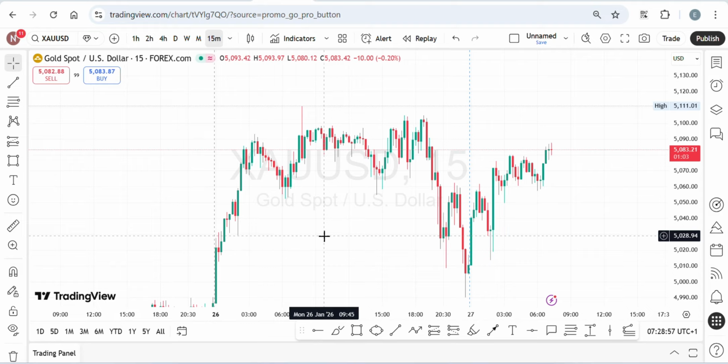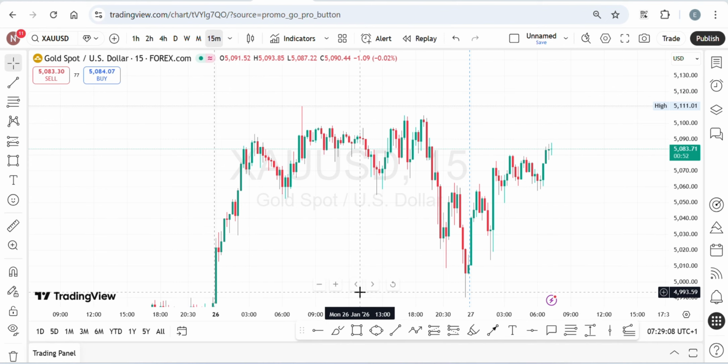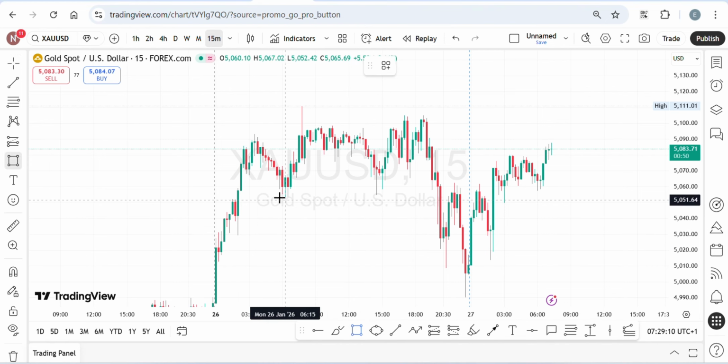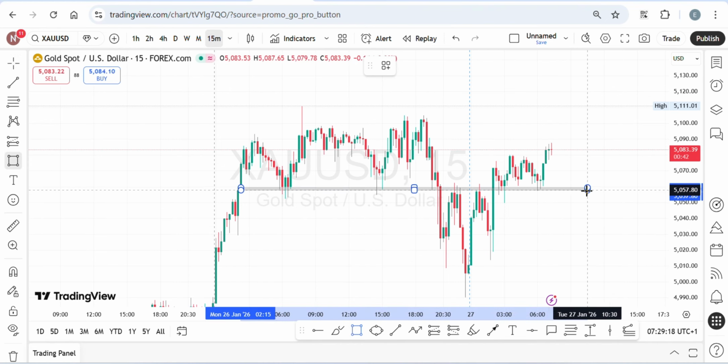So looking at this chart here right now, you can see a key level from this zone, considering the market is bullish and has been bullish for a while. So this is a key level here.